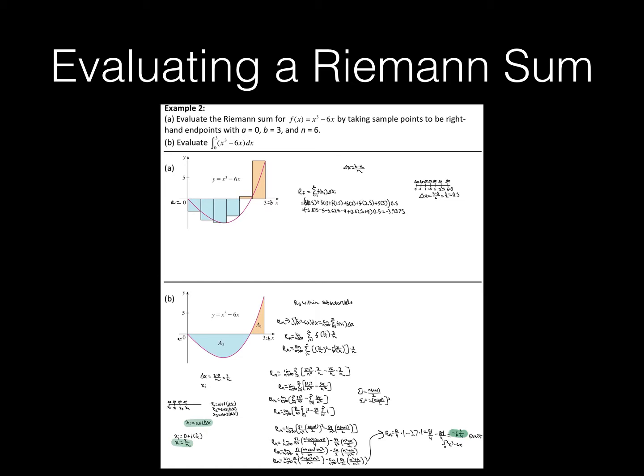We have the equation for the Riemann sum, and basically what we're going to do is plug in the endpoints and then find the area below each of those, and we'll get negative 3.9375 for that area. Then we'll evaluate the integral from 0 to 3 of the same equation, and in doing so, we get negative 6 and 3/4.